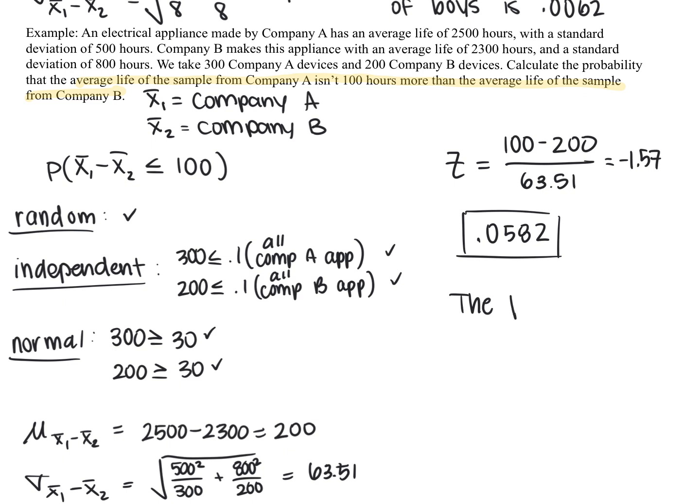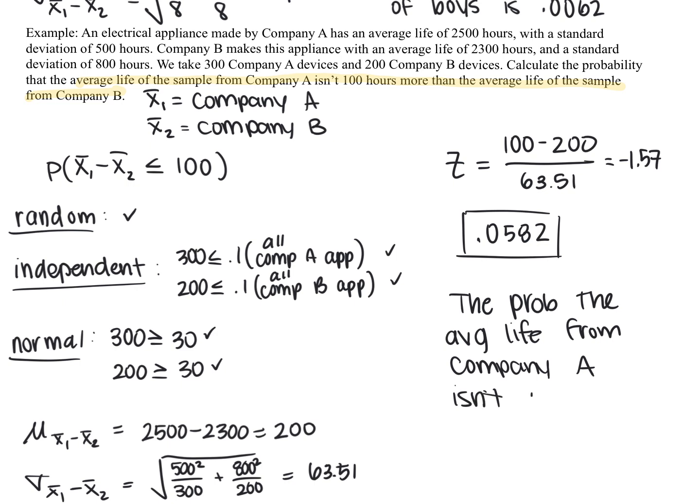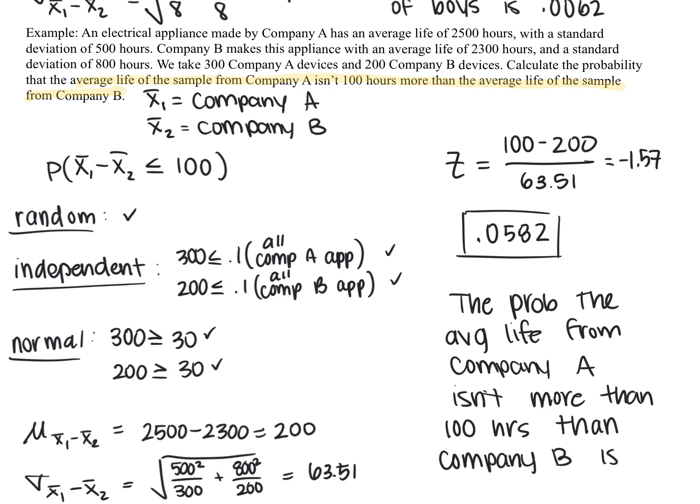So the probability that the average life from company A isn't more than 100 hours than company B is 0.058.